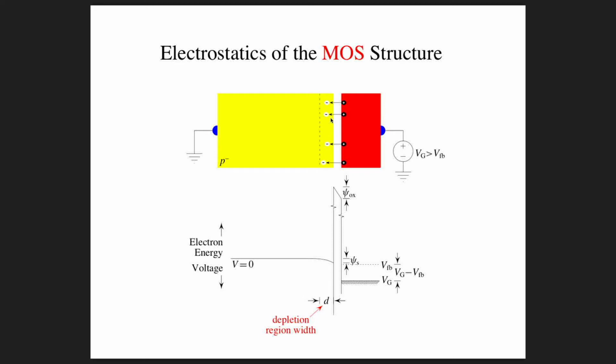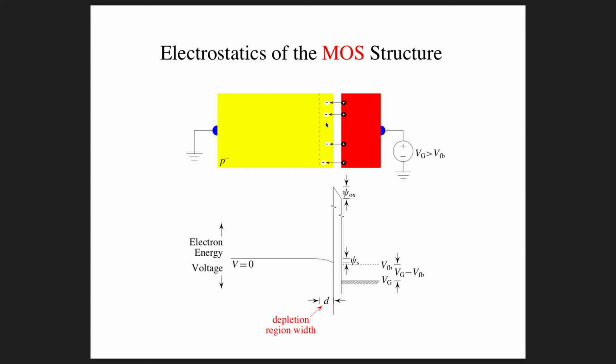And it's going to create a little depletion region. So we're going to send the holes away. They can move, and they don't like to be up near these positive charges, and so they're going to move away, and that's going to uncover some of these ionized acceptors. Right? So these are fixed space charges that have a negative charge, and those will balance the positive gate charges and create a little depletion region underneath the gate.